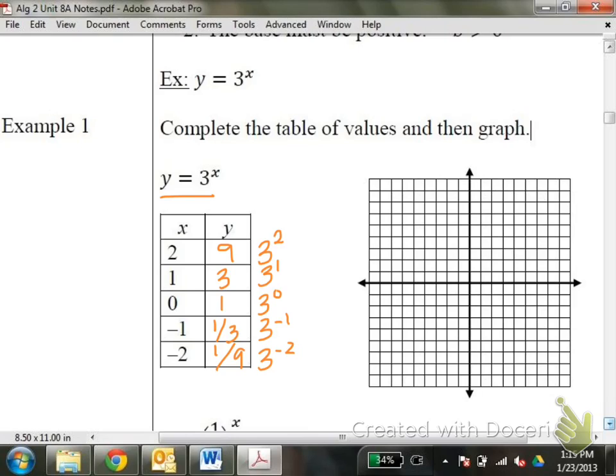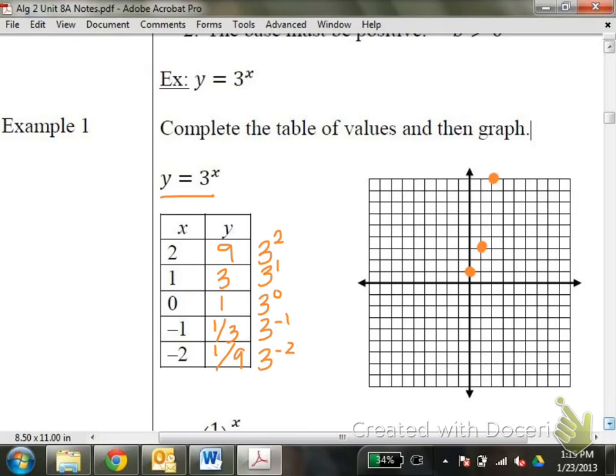Okay? So what we're going to do next is we're going to graph those. So let's take 2, 9 first. So my x is 2 and my y is 9. So on my graph that's going to be up here. The second point is 1 and 3. So on my graph 1 and then up 3 right here. 0, 1 is always going to be a point.